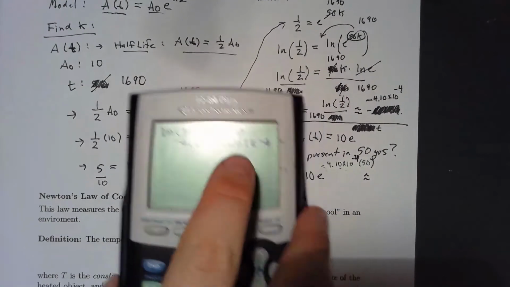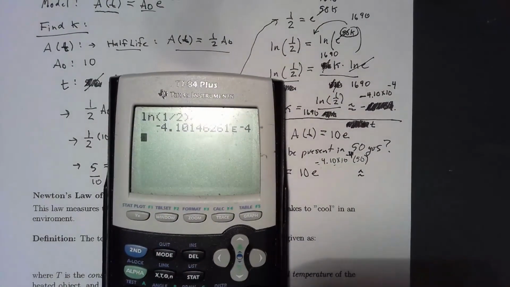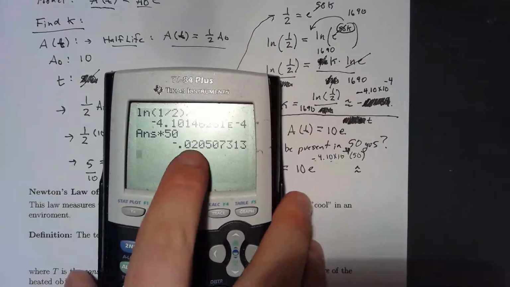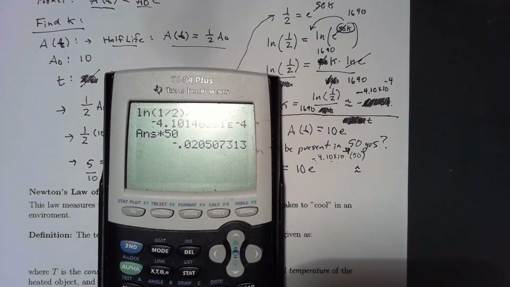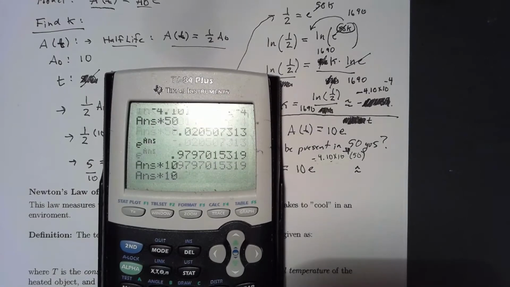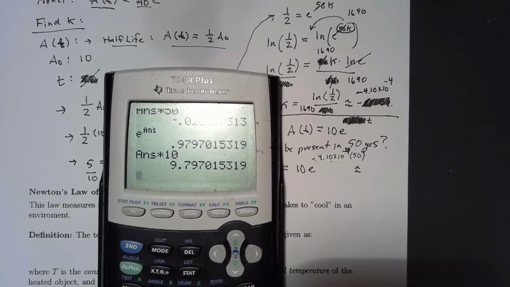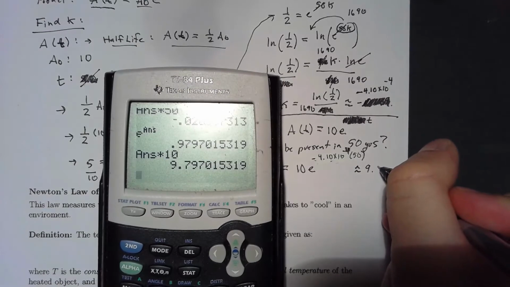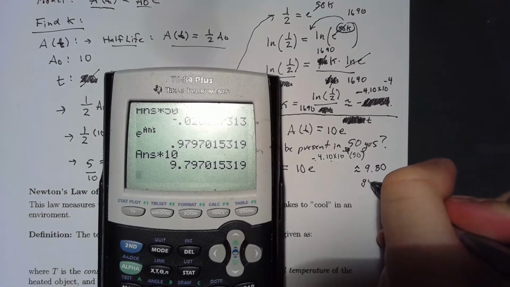So this number times 50, e to that power, gives you that. Multiply that by 10. So that's how much will be remaining after 1,690 years, roughly 9.79, well, 9.80 grams.